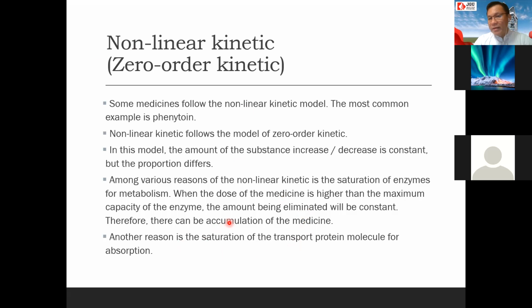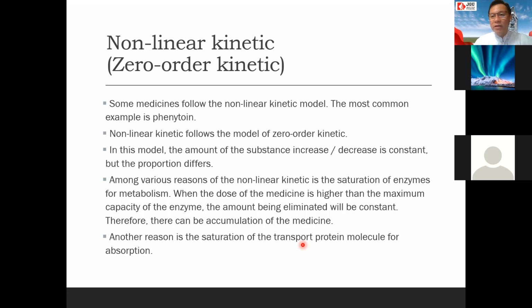Besides metabolism, there is also saturation of transport protein molecules for absorption. Just to remind you, for absorption the drug must go through the membrane of the intestine. So what kind of drug molecule can cross the intestine?